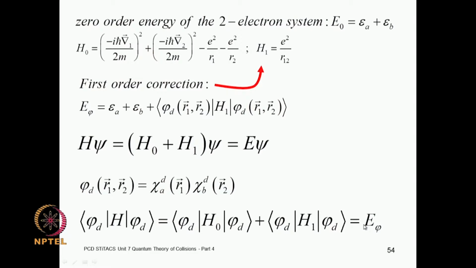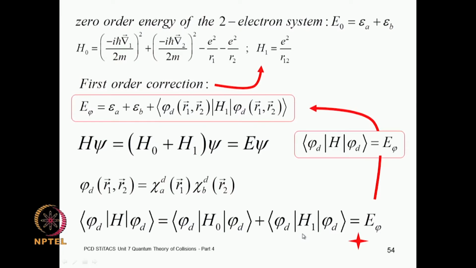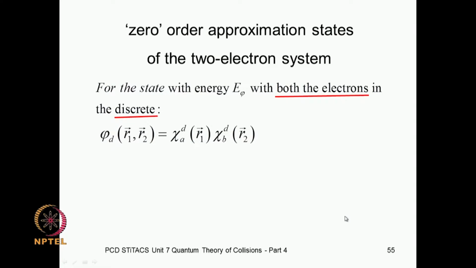E phi is the correction, and H0 is nothing but the sum of the two energies that we got earlier, and H1 comes from this correction over here. So, this is what gives you the E phi, which goes into the correction. So, this is when both the electrons are in the discrete.